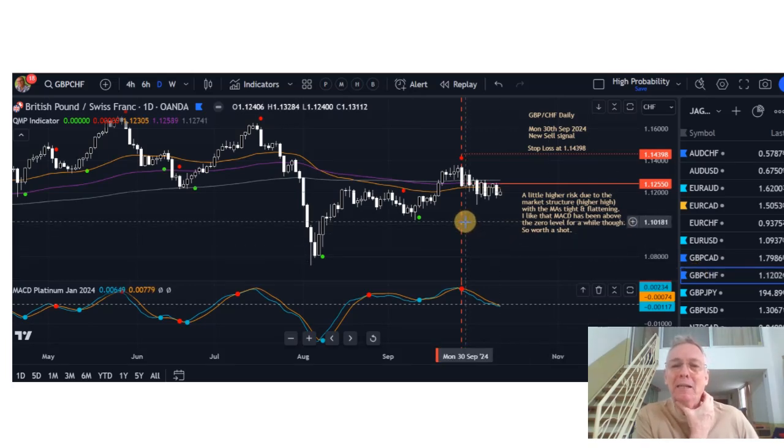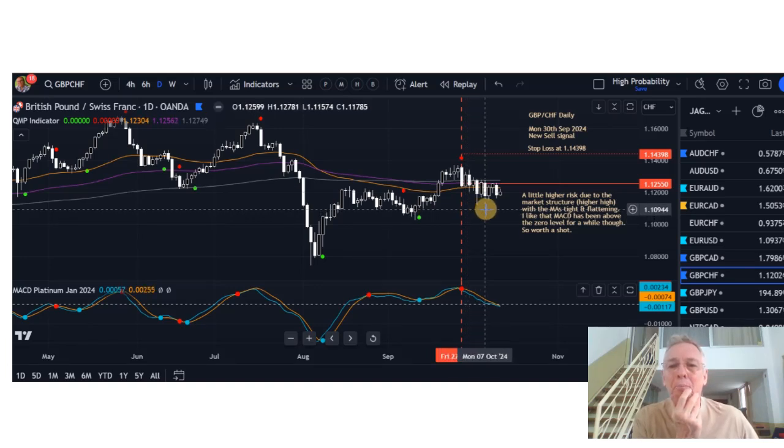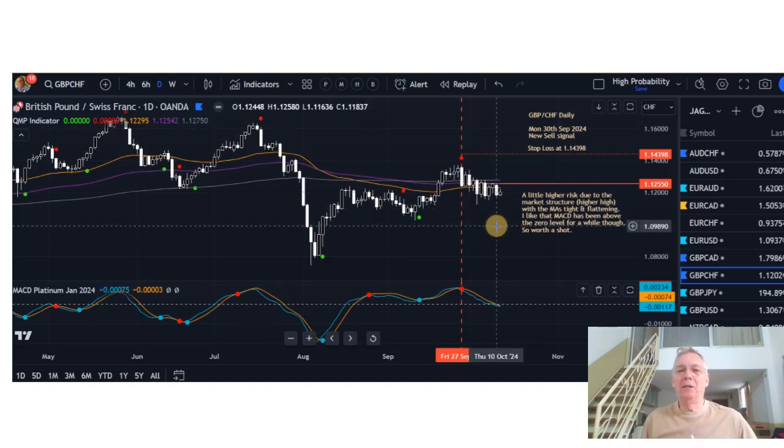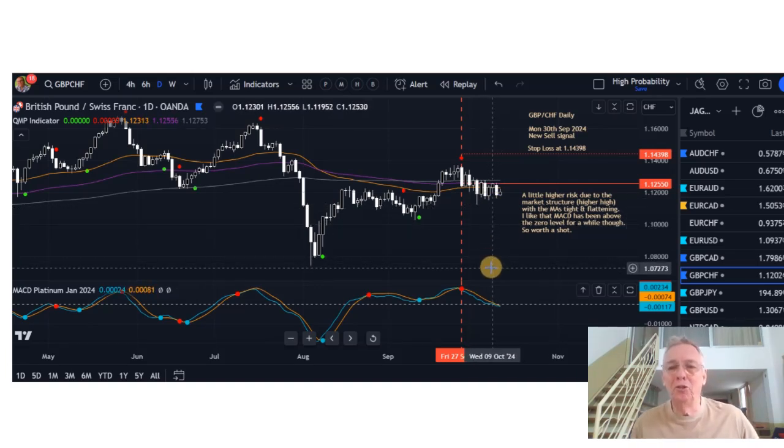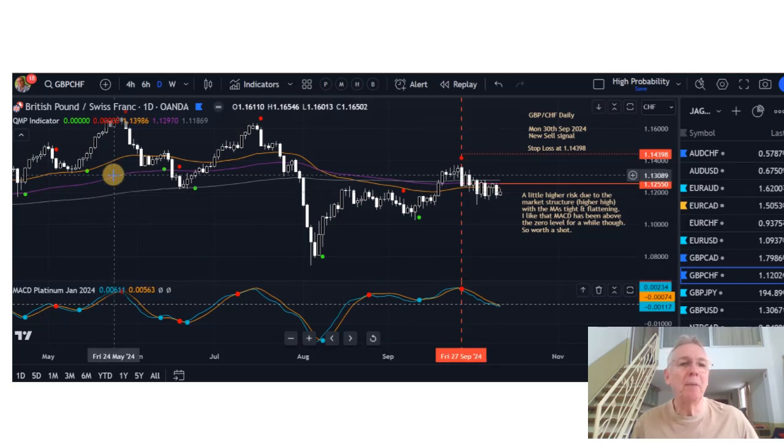Right, pound Swiss, yeah. We're in a sell going nowhere fast. It's one of those pairs where, look at these candles. We had a bearish candle, got the sell signal, then we had a bullish candle, bearish candle, bullish candle, bearish, bullish, you get the picture. And we're going down again, the MACD Platinum's through the 0 level. Just have a look over here in this area.